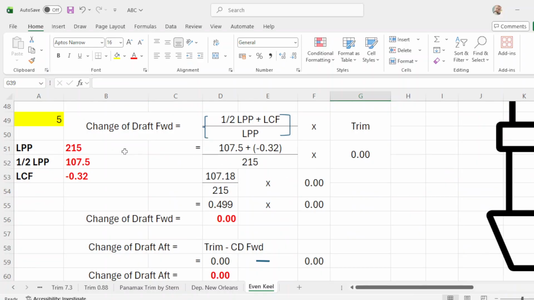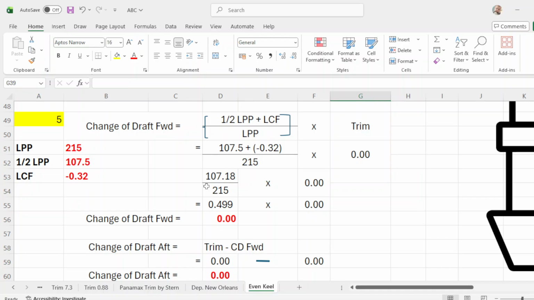compute for the change of drop forward. This is the formula: 1 half LPP plus LCF over LPP times trim. Transpose: 1 half of LPP is 107.5 plus your LCF, which is negative 0.32.